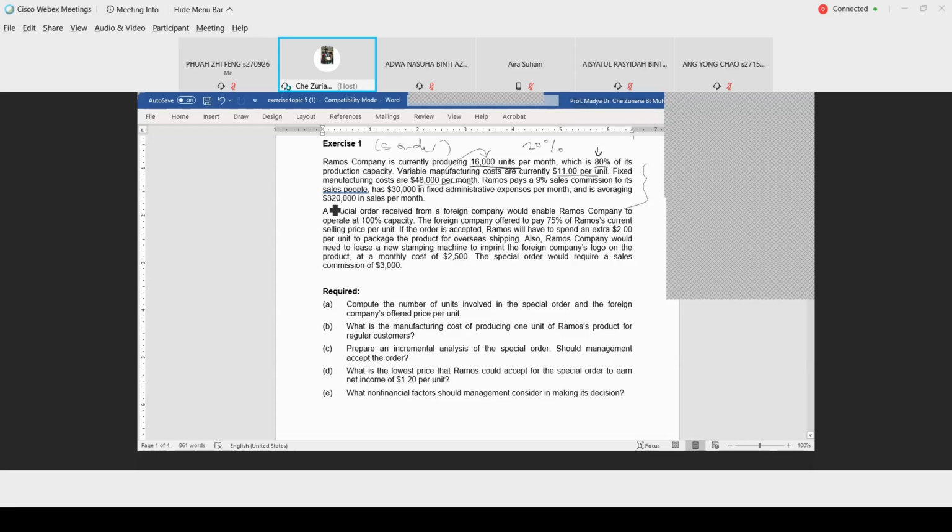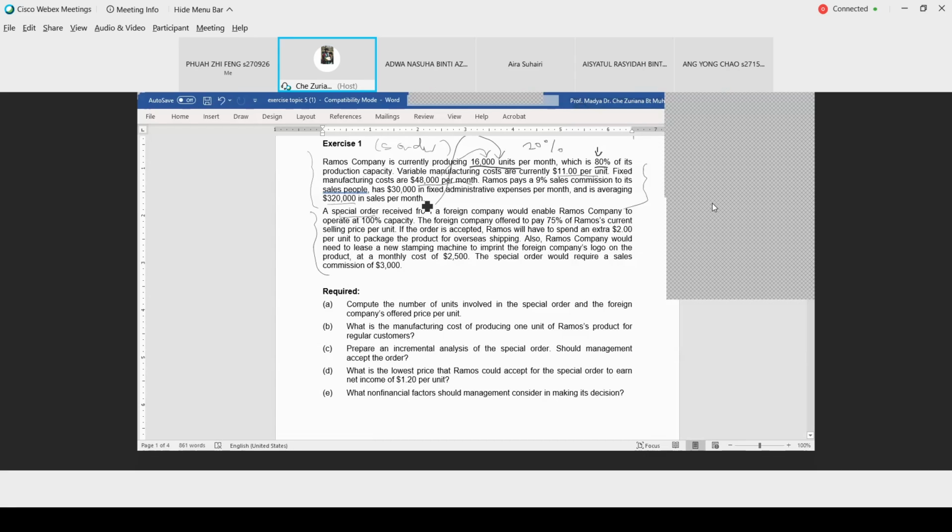So this 320,000 in sales per month is also based on the 16,000. So from here you can know the sales dollar per unit: $20 per unit. Okay, this is the current production. And the second paragraph focuses on the special order. It mentions here that a special order received from a foreign company would enable Ramos Company to operate at 100% capacity.